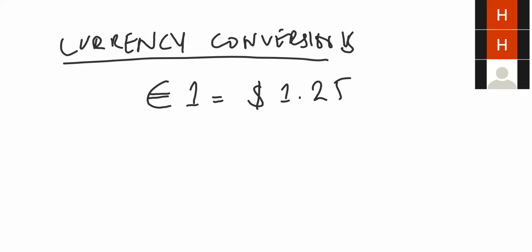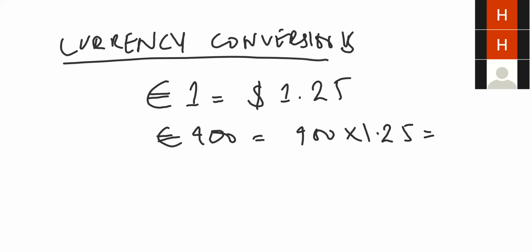So 1 euro represents 1.25 dollars. So if they say that we have to convert, for example, 400 euros into dollars, what are we going to do? We have to multiply it by 1.25. Yeah. So our dollars would be 400 into 1.25, and the answer that we're going to get is the dollars.